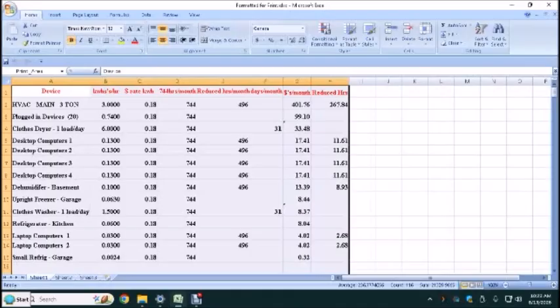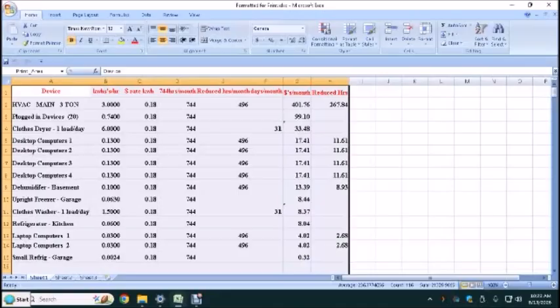So I based it on 1 load a day, 31 days. It costs me $35 a month to dry my clothes where I use 1 load a day. That gives me an average. Now in this case I didn't reduce it because I'm using 31 days and 1 load per day.